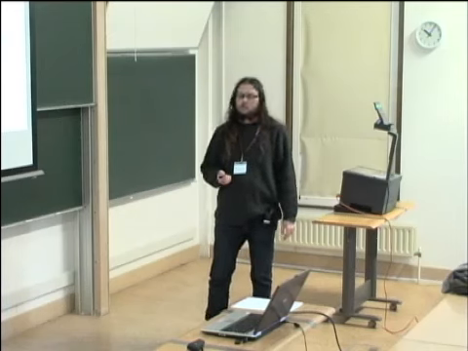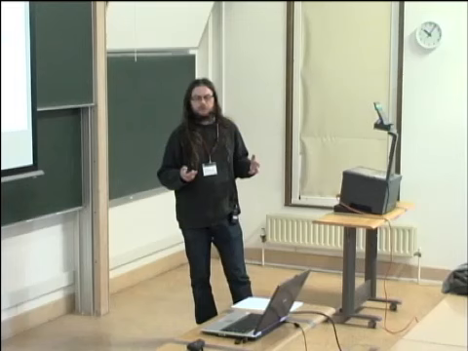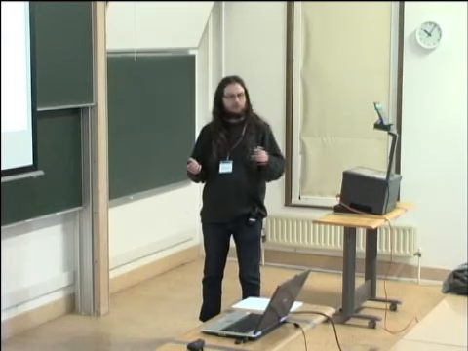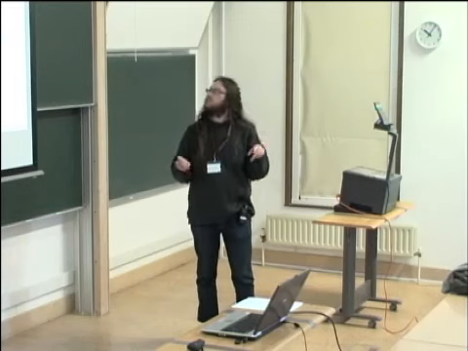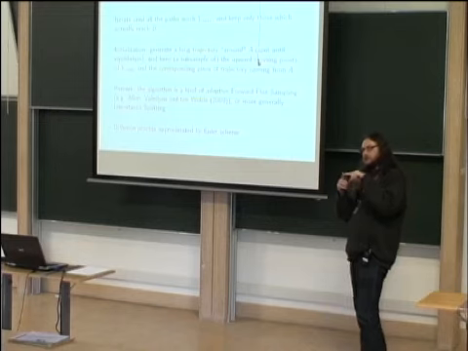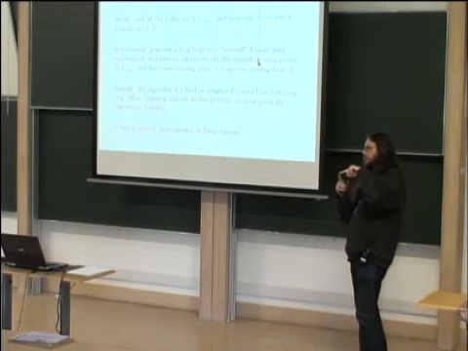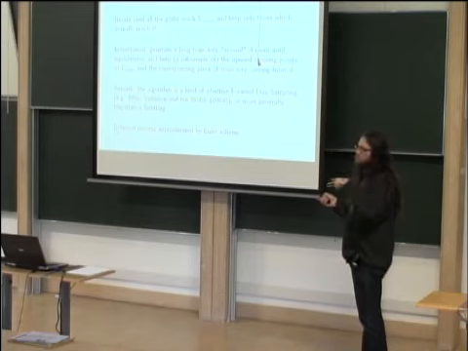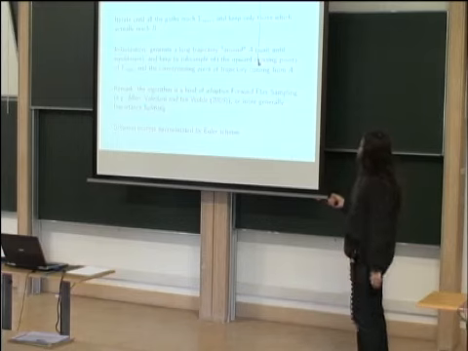And I keep maybe a subsample of the upward crossing points of the z-mean surface. And I keep also the corresponding piece of trajectory, going backward in time, coming from the boundary of A. And this will give me the first part of the algorithm between the surface z-mean and A.